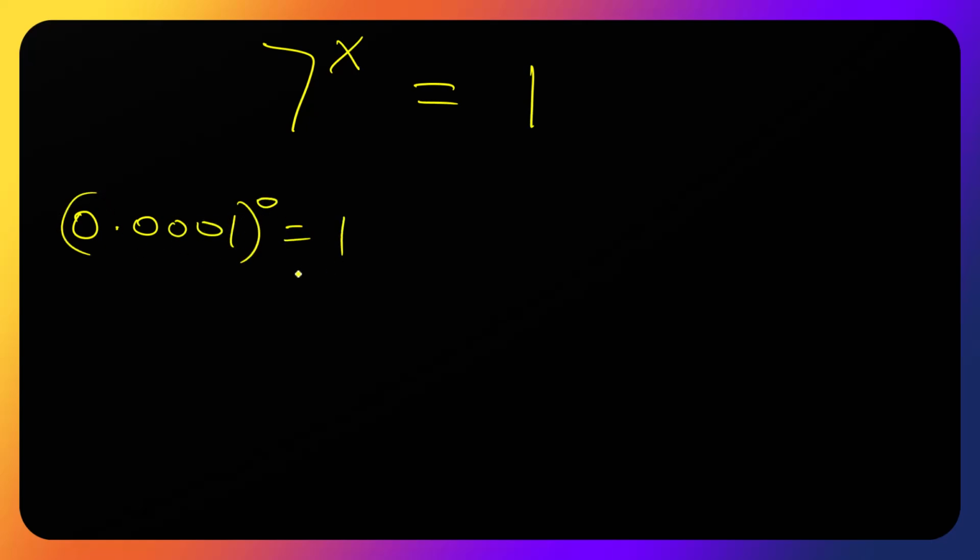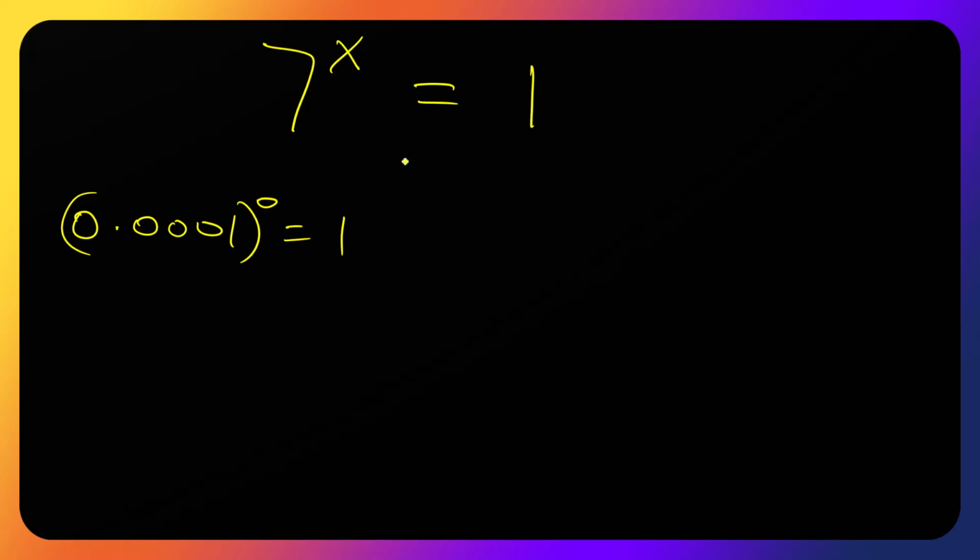Now let's observe this. When you see something to the power of x equals 1, let's not forget that any non-zero number to the power of 0 is 1. I remember saying 0.001 to the power of 0 is 1, because this one is non-zero.